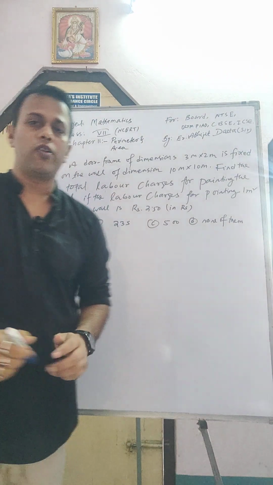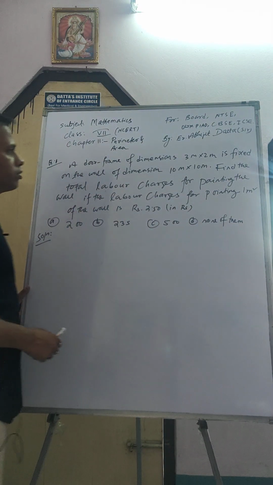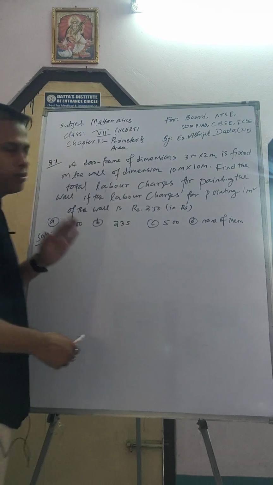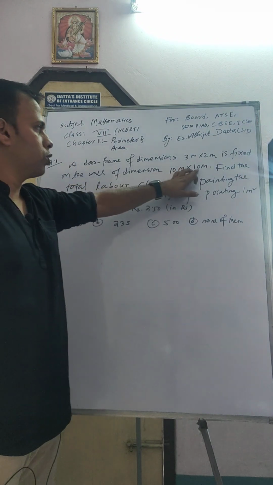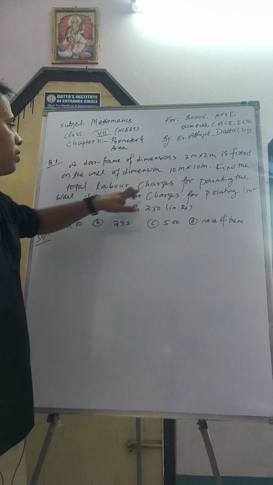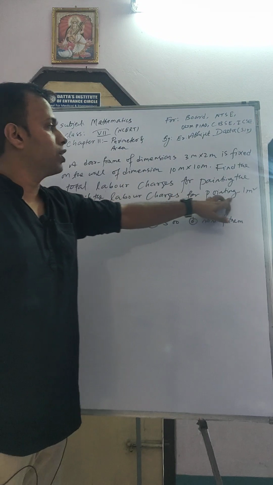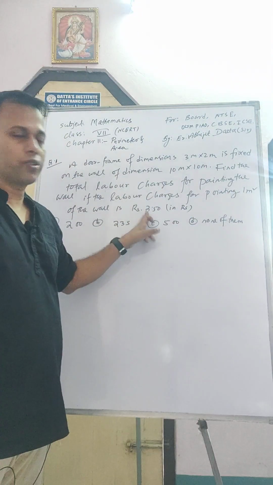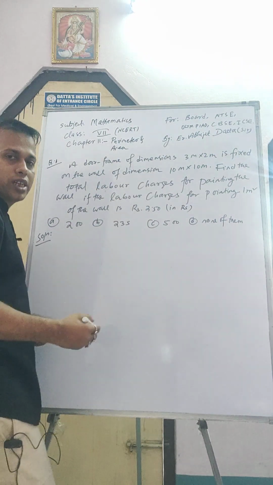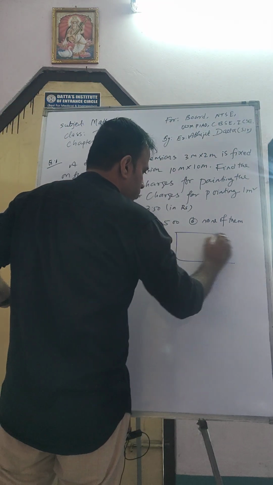So students, our first question is like that: a door frame of dimension 3 meter by 2 meter is fixed on a wall of given dimensions. This is the dimension of the wall. Find the total labor charges for the painting of the wall if the labor charge for painting 1 meter square of the wall is 2.5 rupees. So first try to draw the wall.